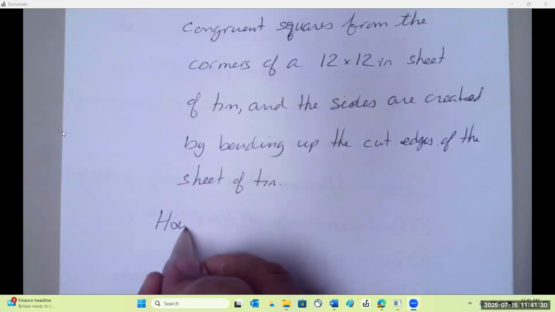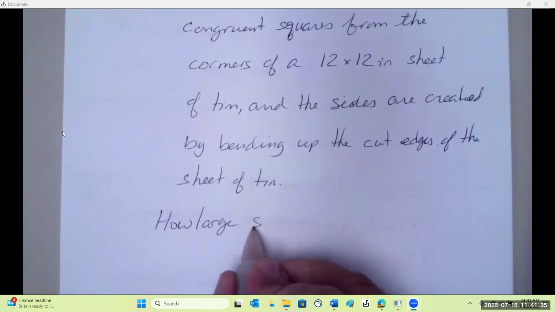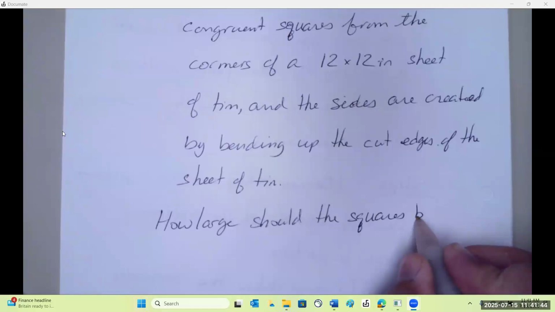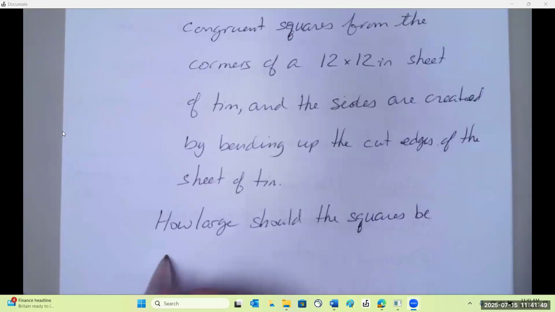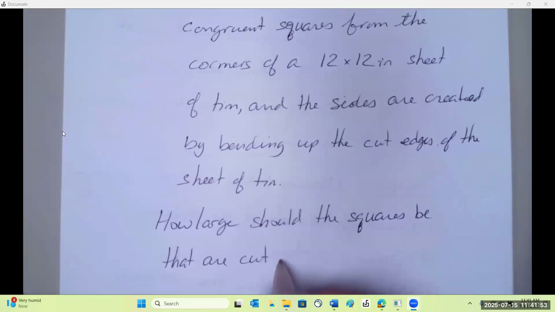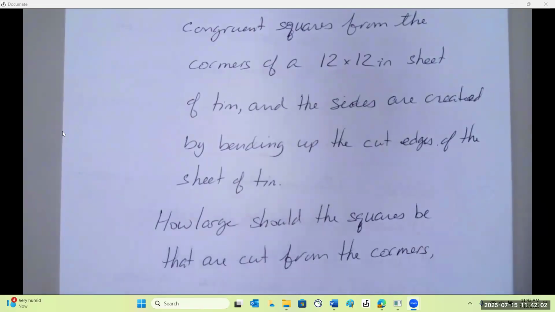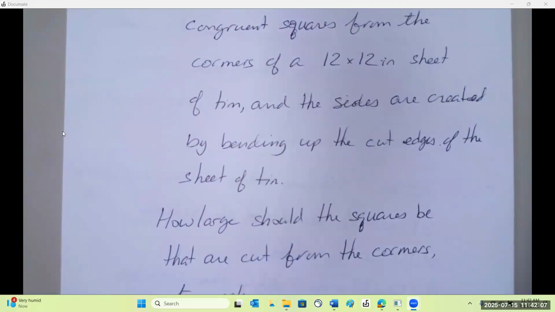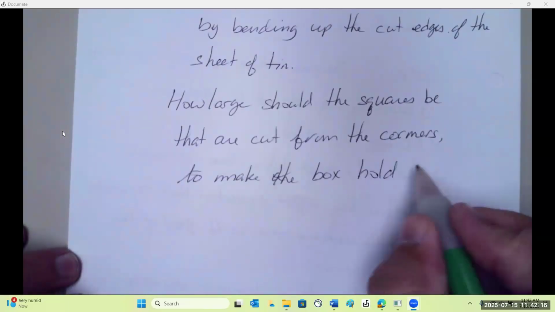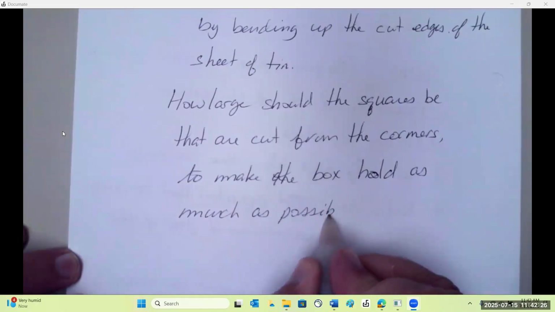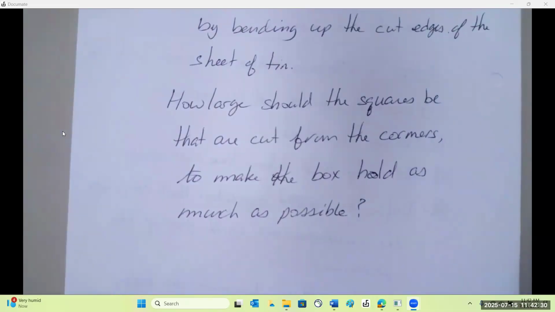So, how large should the squares be that are cut from the corners to make the box hold as much as possible?